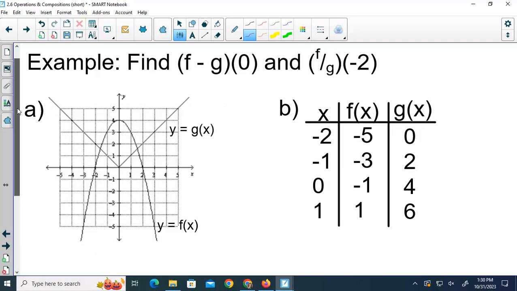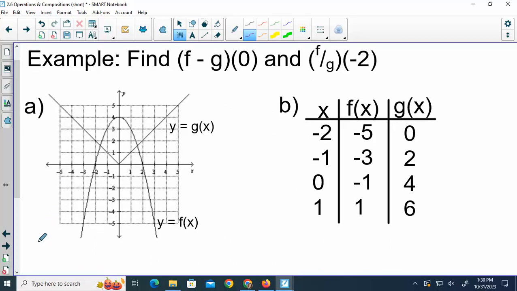So the first thing I want to find, f minus g of 0. That means you have to do f of 0 minus g of 0. The graphing ones seem to be the ones that people have the most trouble with. When I say f of 0, what does that mean?